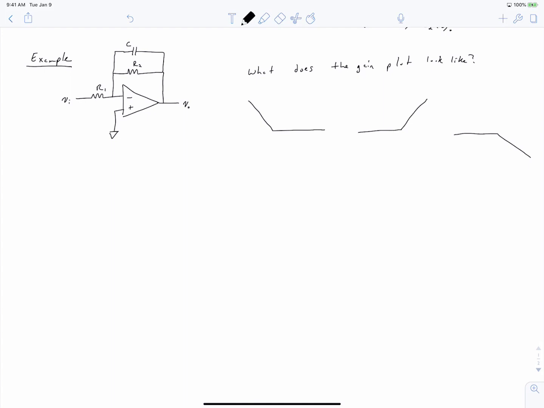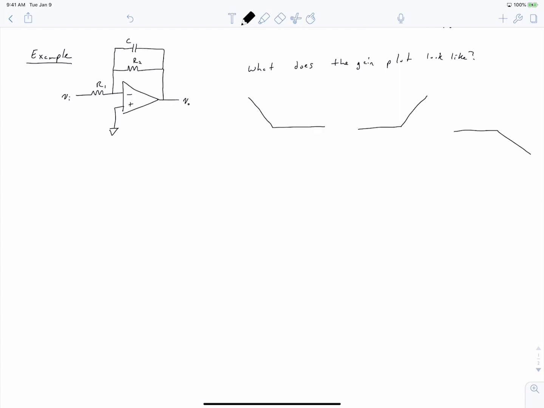Okay, let's solve for the new transfer function of this op-amp circuit. We can note that our impedance Z1 is simply equal to R1. Our impedance Z2 is now going to be the parallel combination of R2 and the capacitor, which, if you solve this, you end up getting this expression, and that is to say it has a pole at location 1 over C R2.